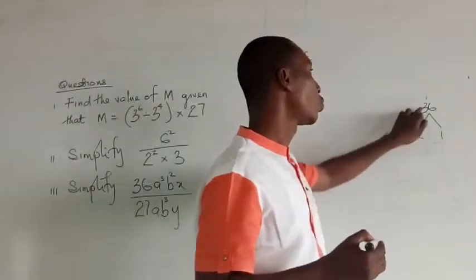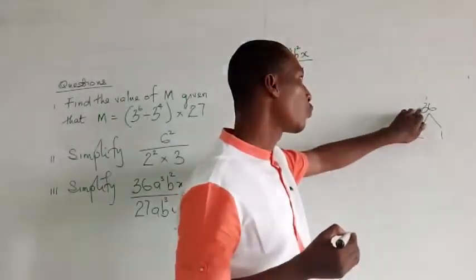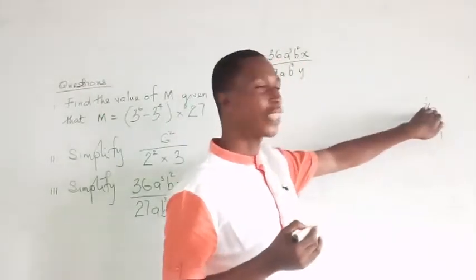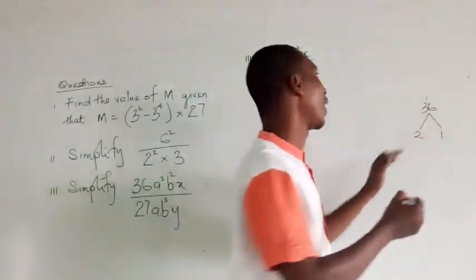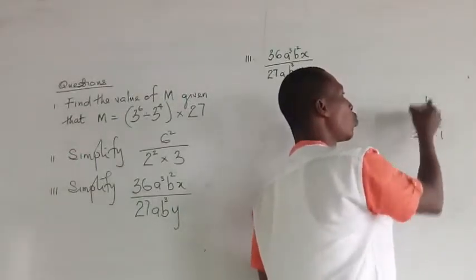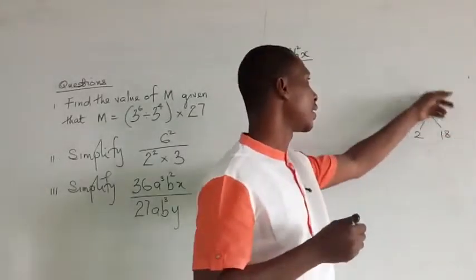That means 2 times 1 will give me 2. If I subtract 2 from 3, I'll be left with the remainder of 1. So 1 here. That 1 is added to 6, which will give me 16. Then 2 will go into 16, 8, because 2 times 8 is 16.